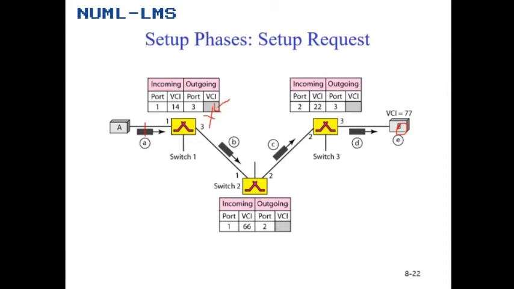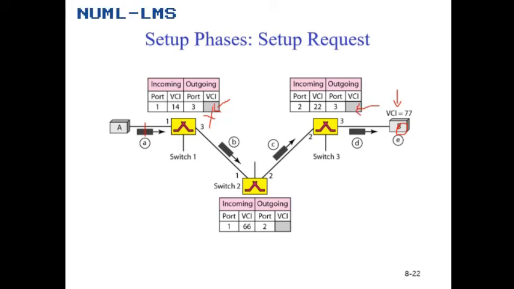So we send this packet and it will determine the connection to the next switch, and once it reaches the last one, the last station will send an acknowledgement frame, which will fill up this last part of the table.